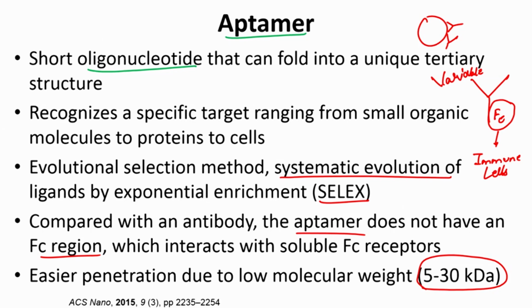Remember, the bigger the size, the lesser the diffusion. So, this can diffuse, it can go through the small gaps, it can find anywhere, and it will have a much larger range of penetration into various types of organs and cells. In that regard, this is much better compared to, let us say, a 100 kDa or 200 kDa protein molecule like an antibody, which will face this challenge.